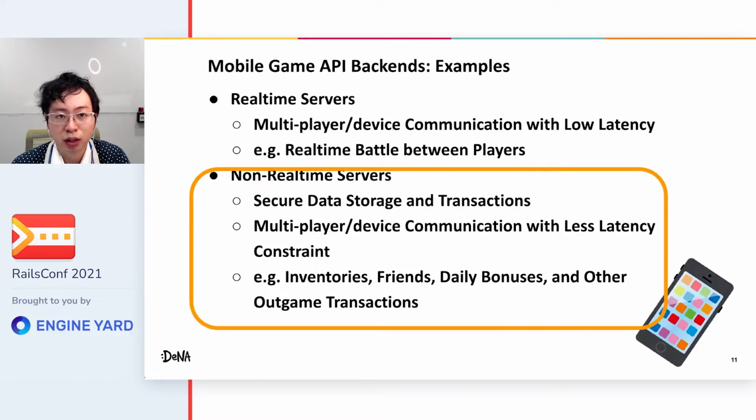In this session, we will focus on non-real-time servers. The objective of these servers is to provide secure data storage and transactions, multiplayer or multi-device communications. For example, non-real-time servers handle inventories, friends, daily bonuses, and other transactions.